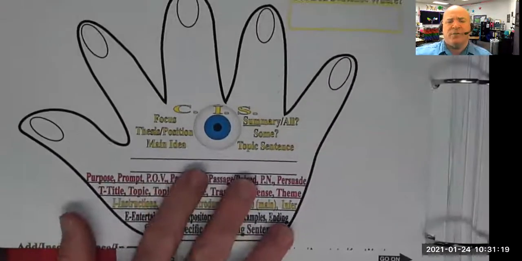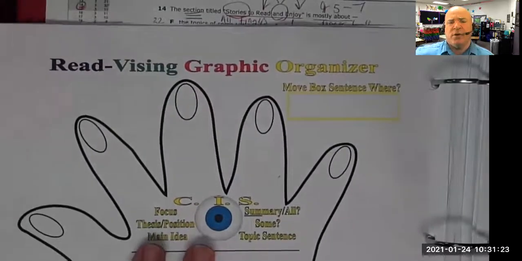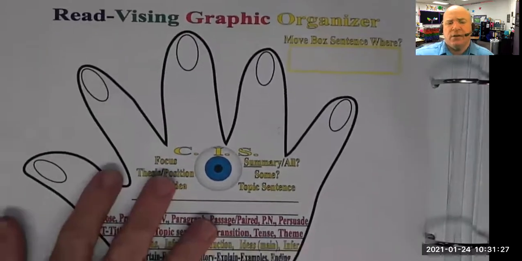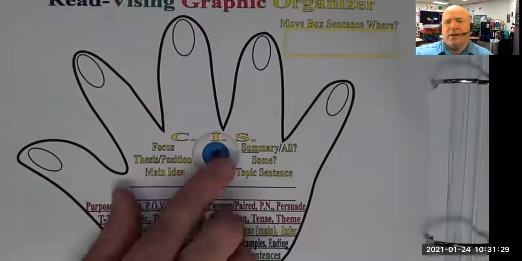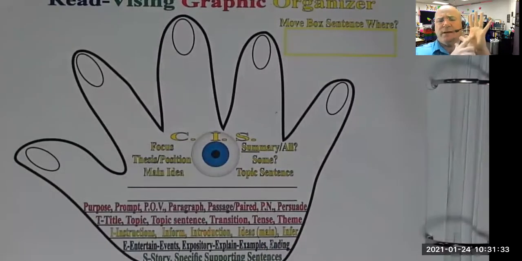And so that you don't have to remember that, I went ahead and had my graphic organizer ready. This is called my readvising graphic organizer. And this is going to help students understand, like we talked about in writing for fourth grade, what's my central idea?